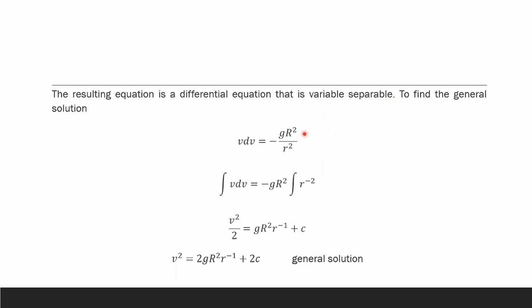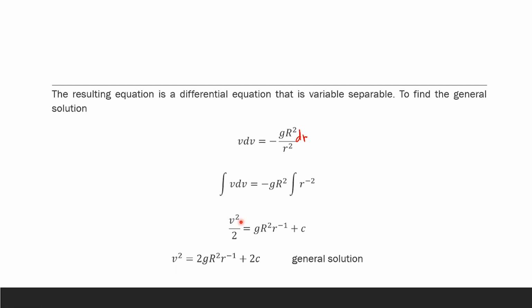So, ang ginawa lang natin, yung v dv is equal to negative g R squared over r squared. So, nilipat natin yung r sa ilalim. So, andito yung dr. Ayan. So, we have g R squared over r squared times dr. Sorry na wala yung dr dito kanina.